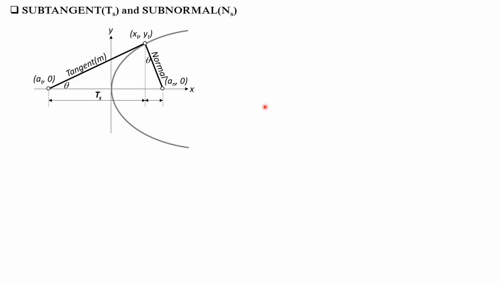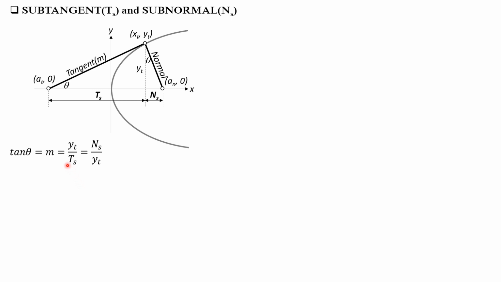So tangent of theta is m, the slope of the tangent, and from the figure it is equal to y sub t over T sub S. And it is also equal to N sub S over y sub t. So again, tangent theta is m, the slope of the tangent line, equals y_t over T_S. It is also N_S over y_t.